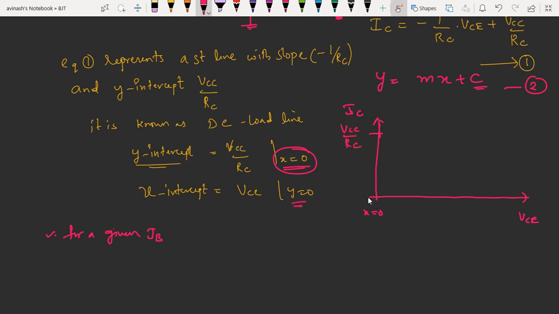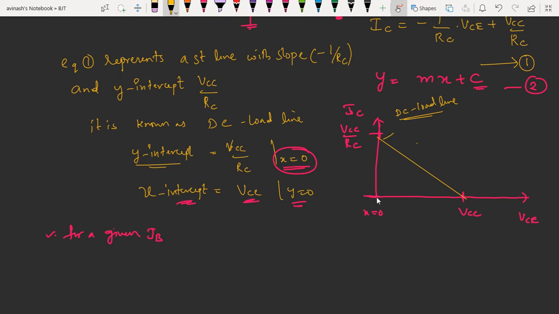When y is equal to 0, the value of x-intercept will be VCC. If you draw a line here, this is the DC load line. This is called DC load line. Hope you understand this point.